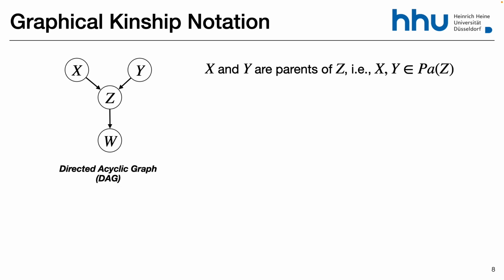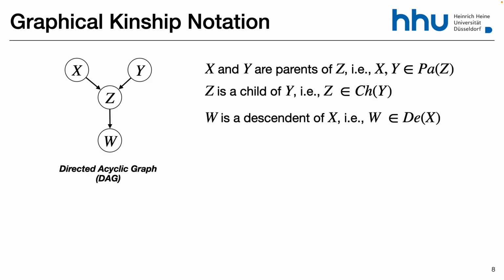We use family notation to describe the relationship between the variables, and it's easy. Every time there is a directed edge between one variable and another, the one pointing to the other is the parent and the other is the child. For example, X and Y are the parents of Z there, and we call this PA. And Z is the child of Y. It's also the child of X, but we use the notation CH.